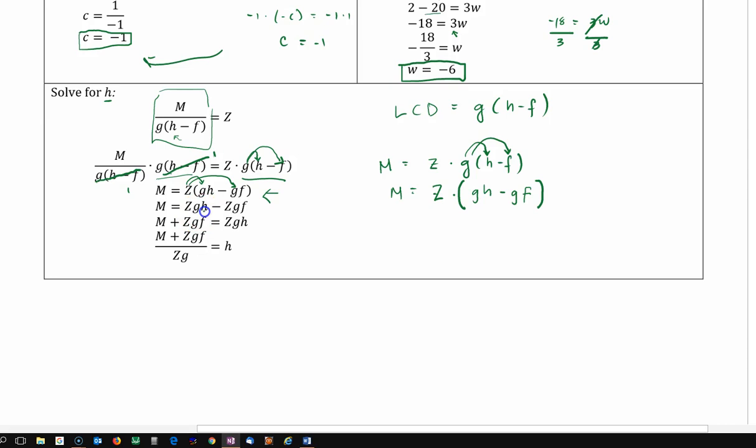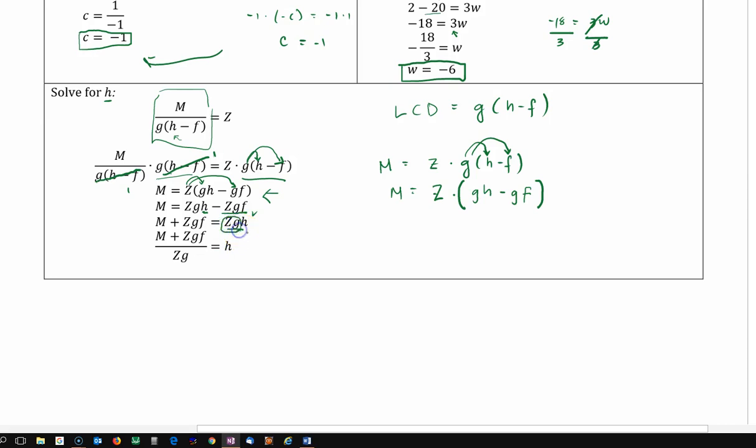However, remember that our target is the h. But these are unlike terms. ZGH and ZGF. So we kick out this ZGF by adding its opposite to both sides. So we will be left with ZGH on the right-hand side and the plus ZGF on the other side. Now we're almost done, except for this obstacle.